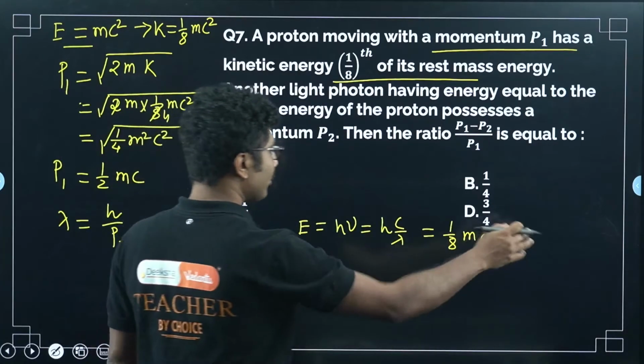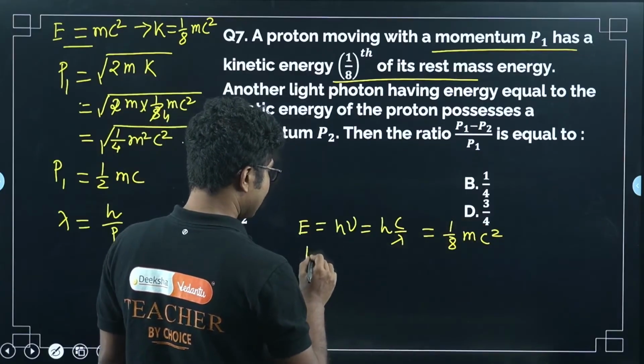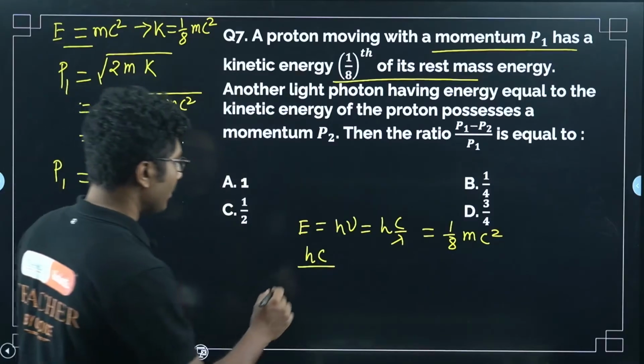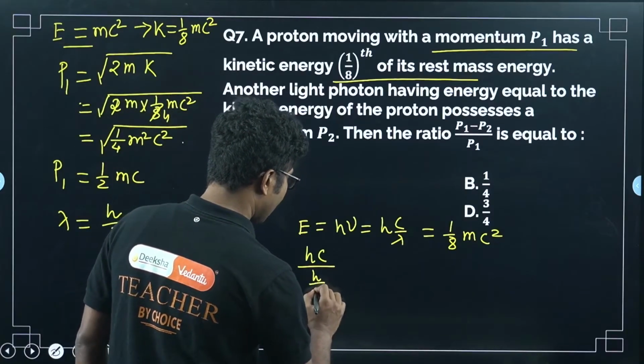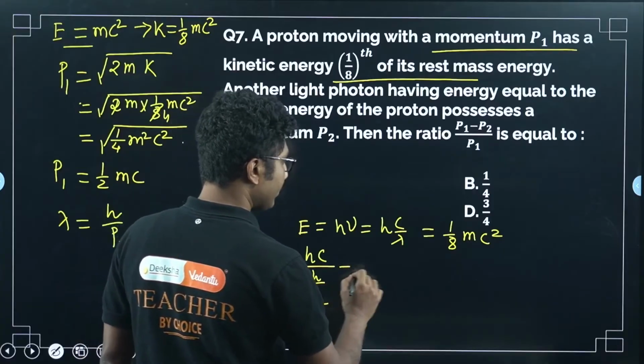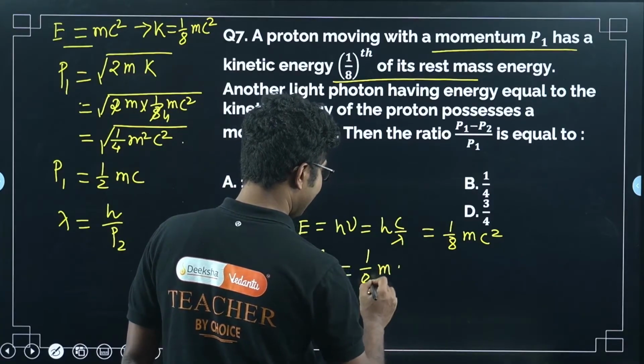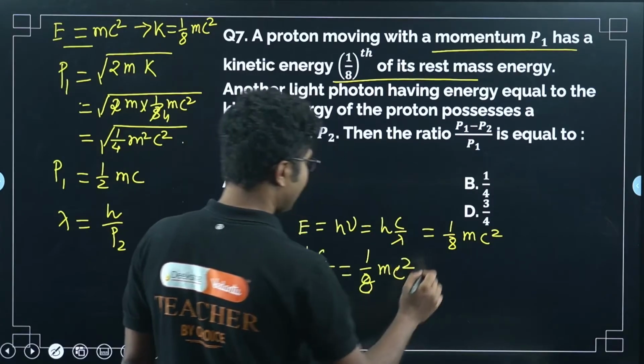Now, let us put the values. So hc divided by lambda, and lambda is h by p2. So hc by h by p2 equals 1 by 8 mc square, right?